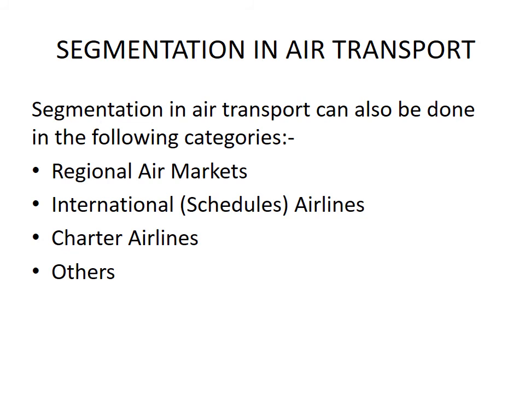International scheduled airlines are airlines that have been scheduled for particular places, and chartered airlines are meant for a particular set of people, and we have others called unscheduled or unchartered airlines.